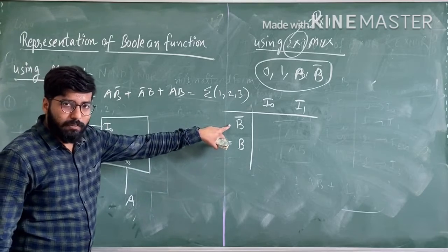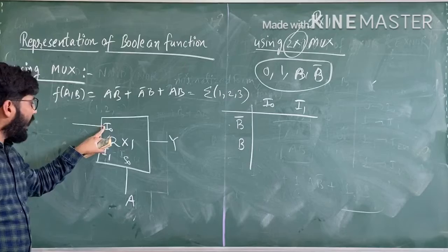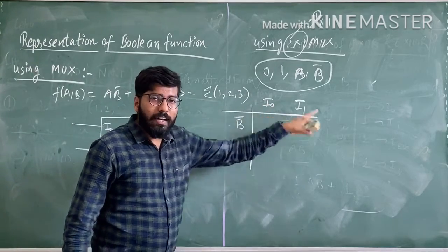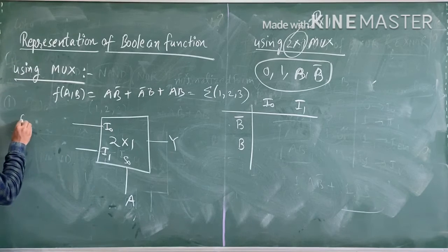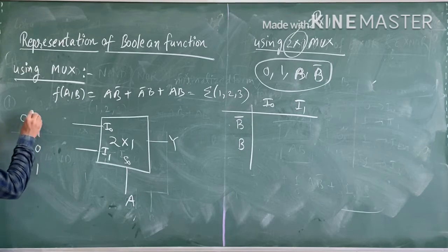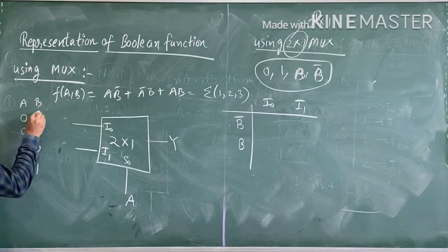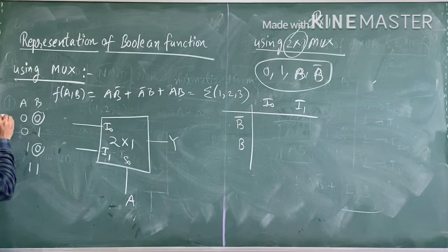Suppose firstly you write B complement and here B, and here two pins are present, I0 and I1. Now see, B complement comes when this is 0 0, this is 0 1, this is 1 0, and this is 1 1. So this is A and this is B. B complement comes when this is 0 and this is 1, this is 2 and this is 3.